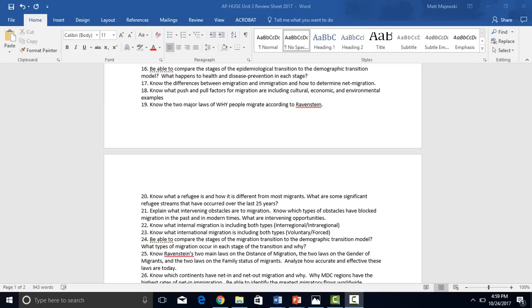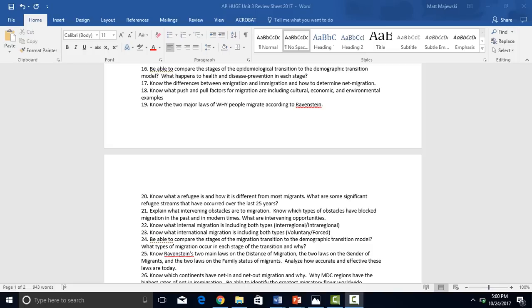Cultural push factors could be things like war, right? Because that's political, which is created by humans. Ethnic cleansing, where one ethnicity is being wiped out by another. Perhaps a civil war, a rebellion, or a revolution that occurs within a country.